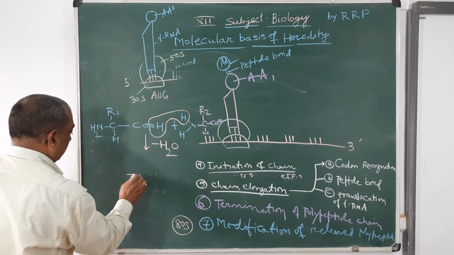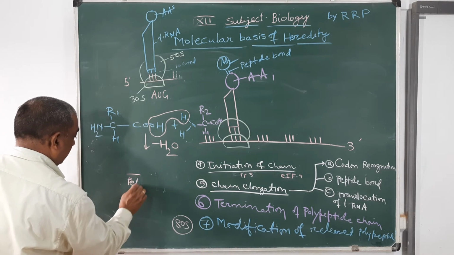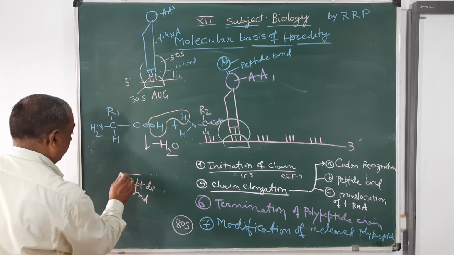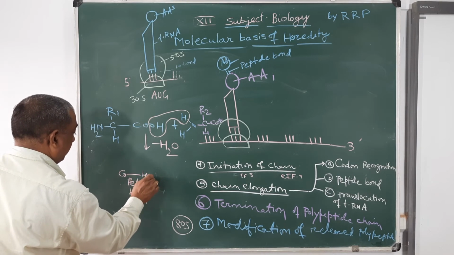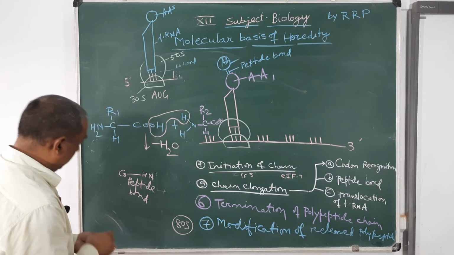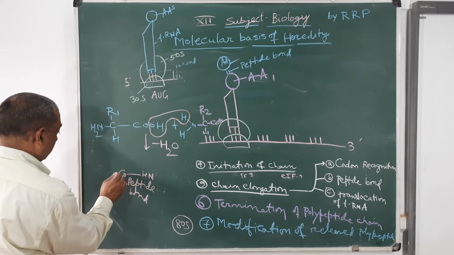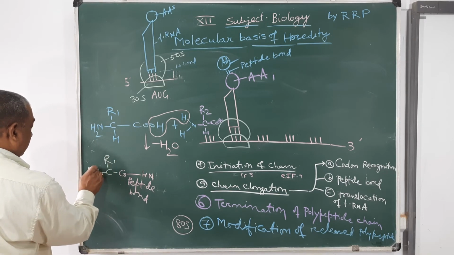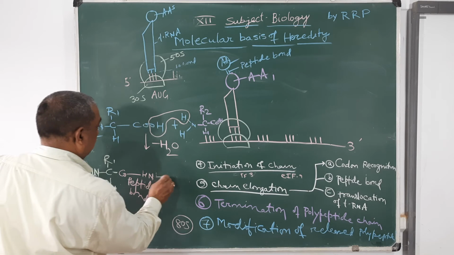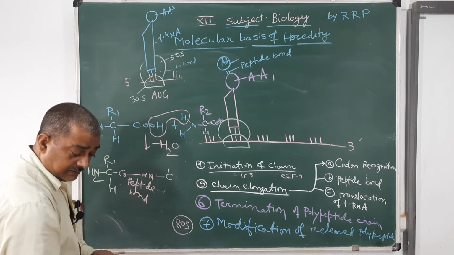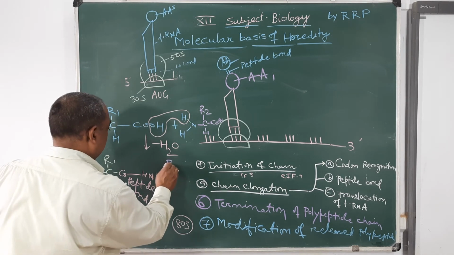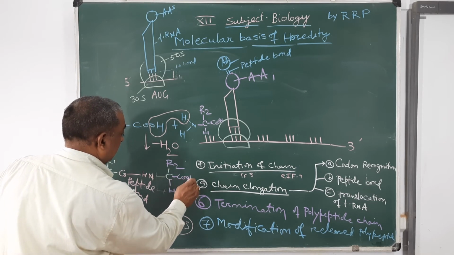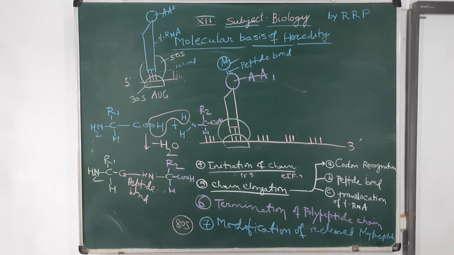So this is called a peptide bond. See, the first amino acid R1, NH2, H, another amino acid comes, so this is called R2, H, COOH, and so on. That is why they are repeated.